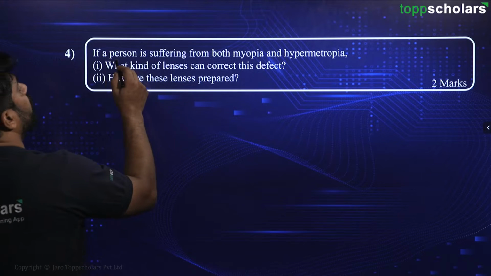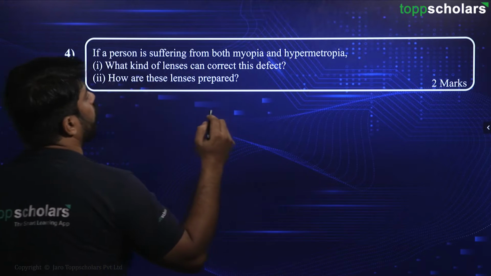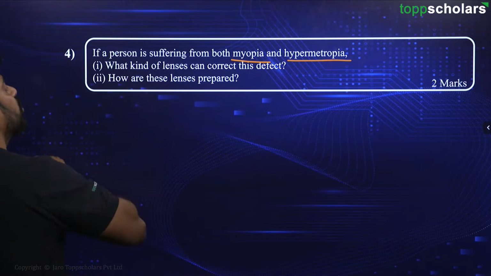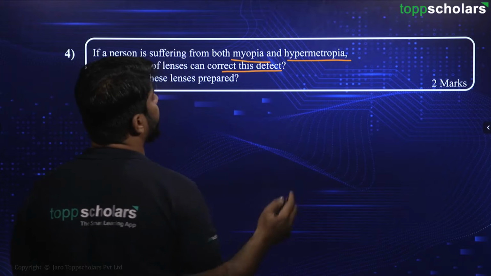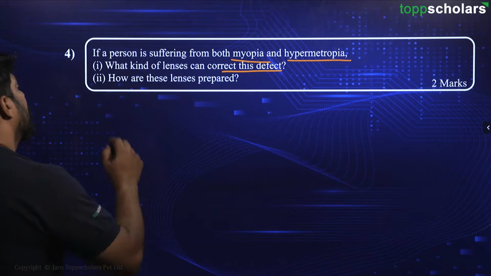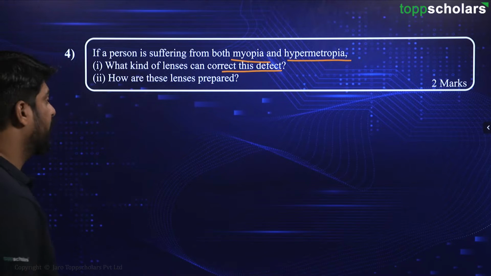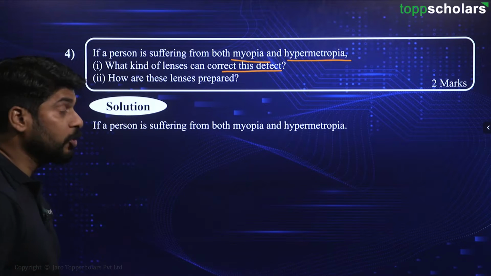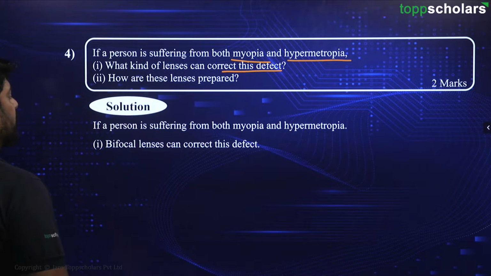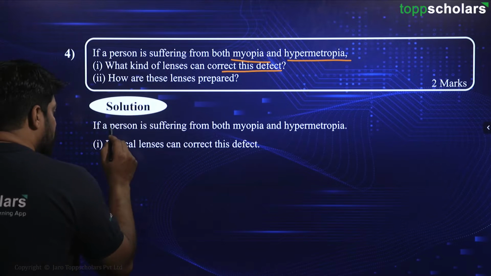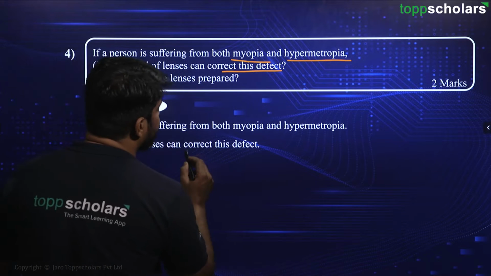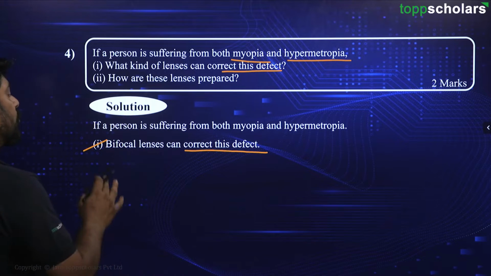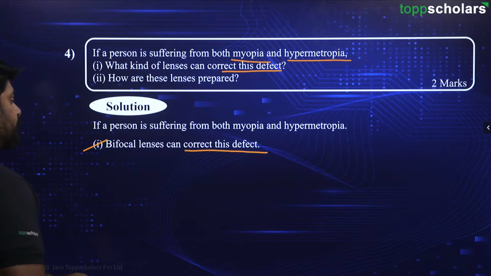If a person is suffering from both myopia and hypermetropia, what kind of lenses can correct this defect? How are these lenses prepared? Bifocal lenses can correct this defect, so here we have to use bifocal lenses.